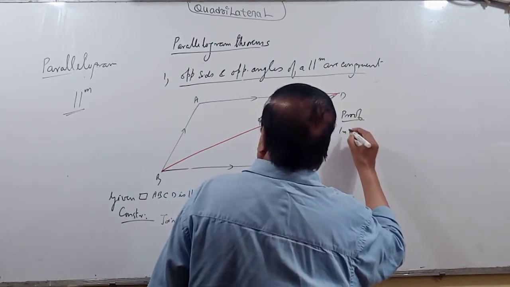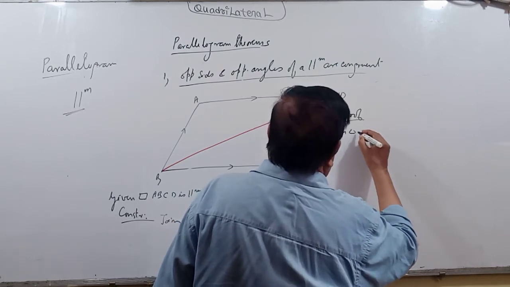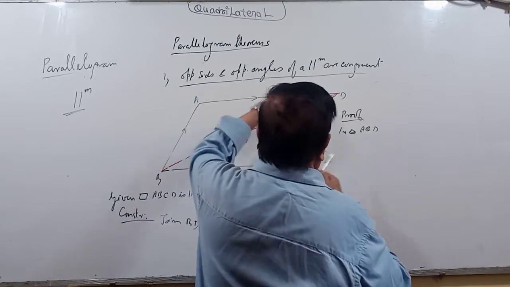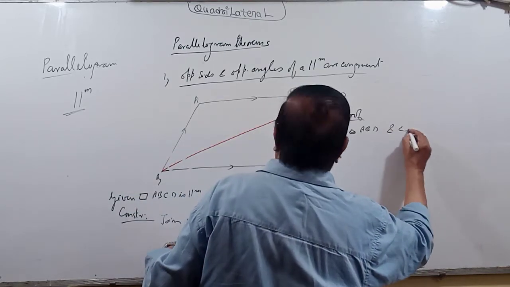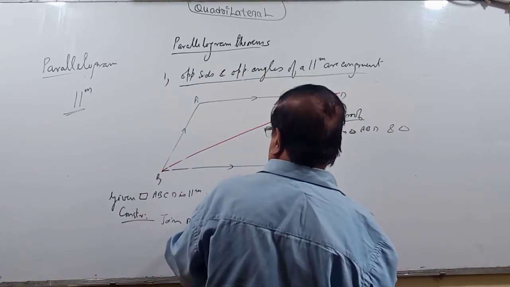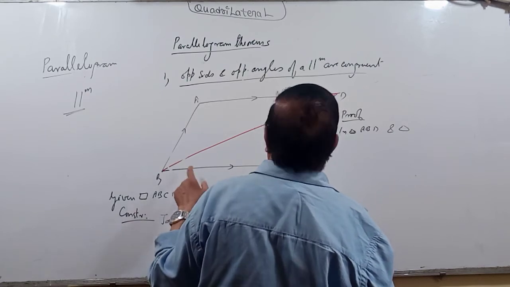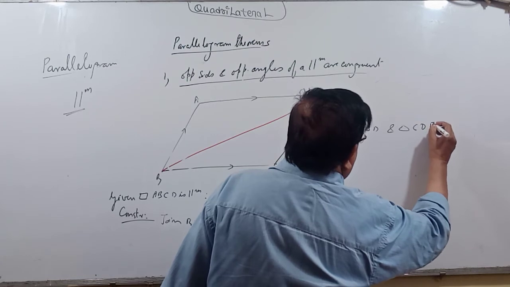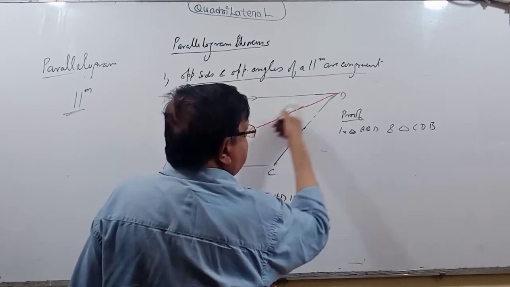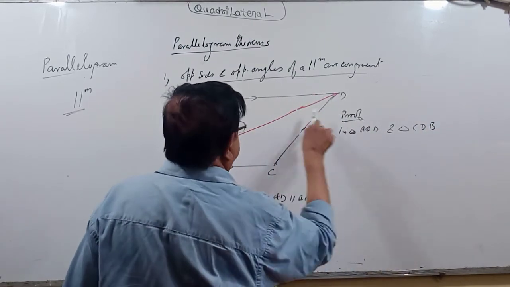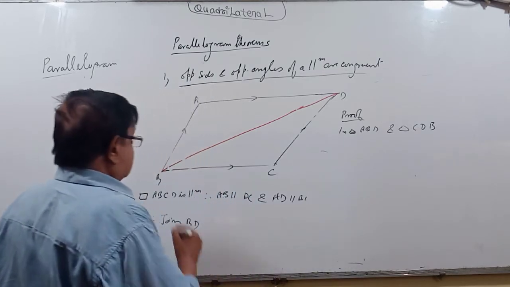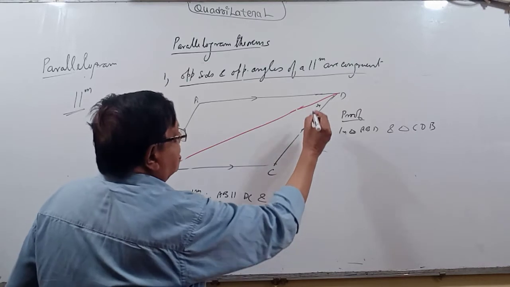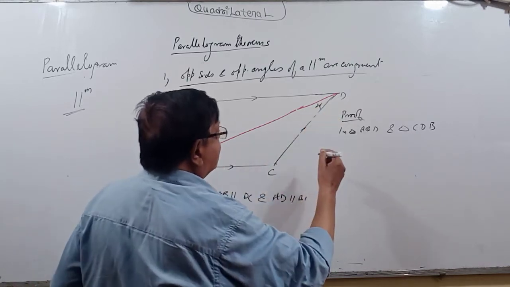In triangle ABD, this triangle ABD and this triangle CBD. This angle is congruent to this angle. What is the reason?